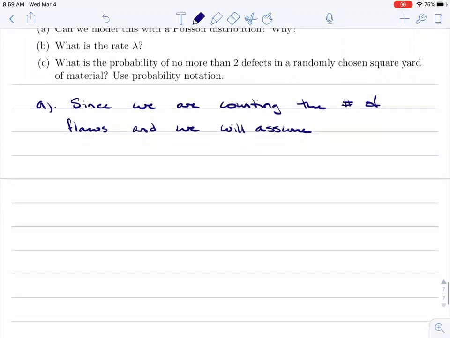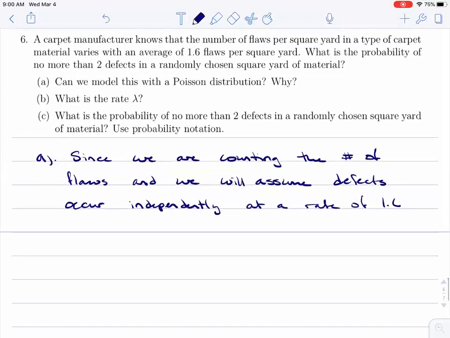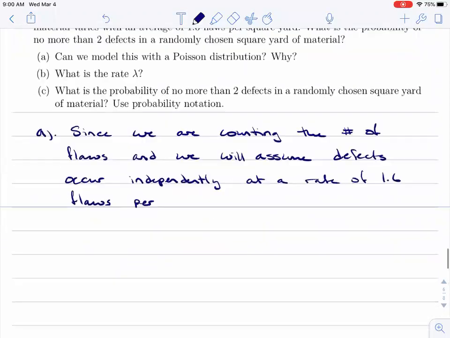So, we will assume defects occur independently at a rate of 1.6 flaws per square yard.